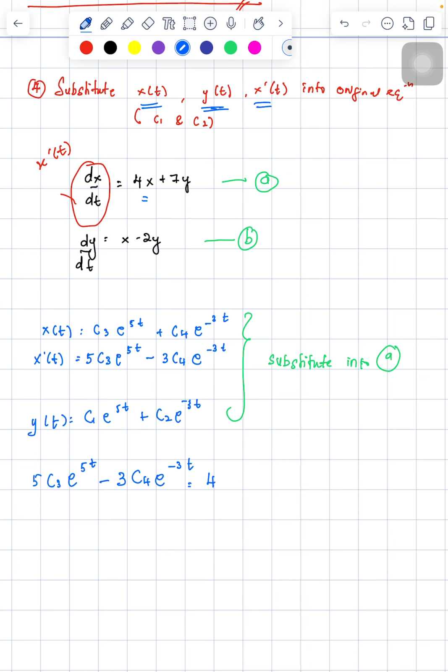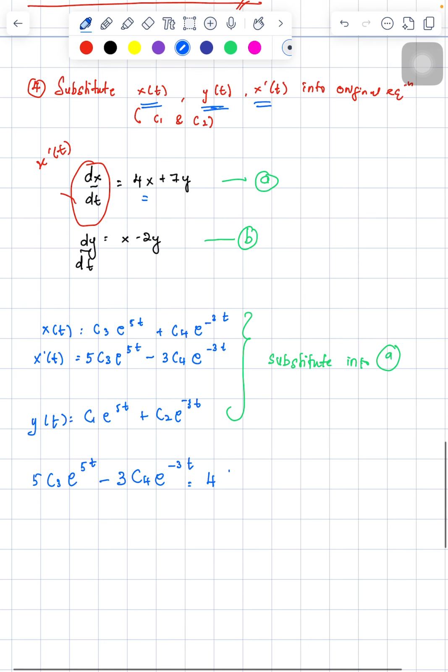This x actually is xt, so we can substitute with the xt. So c3 e to the power of 5t plus c4 e to the power of negative 3t plus 7y, and y here is actually our yt. So c1 e to the power of 5t plus c2 e to the power of negative 3t.